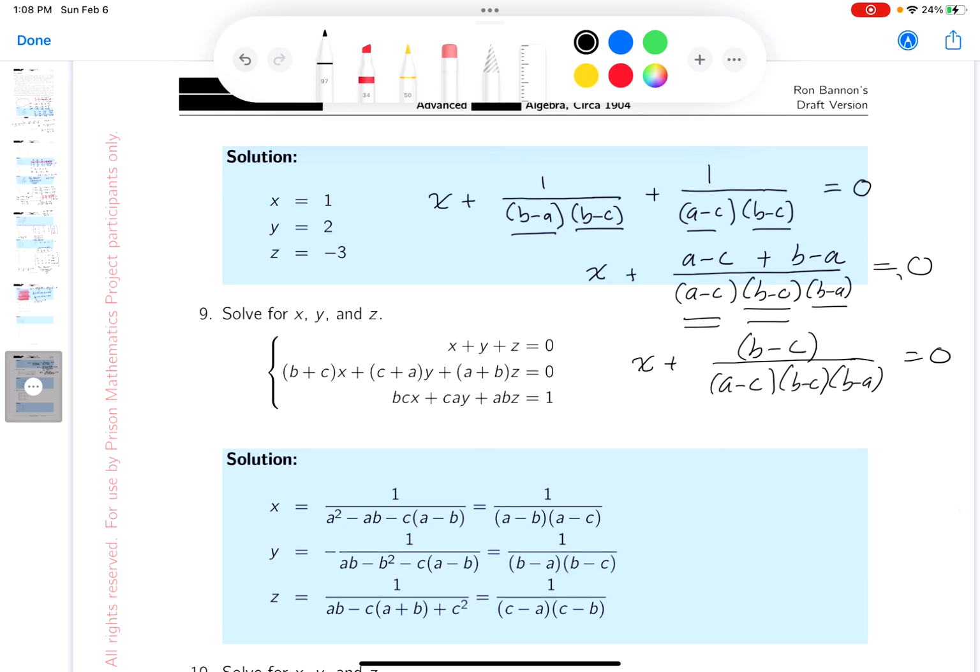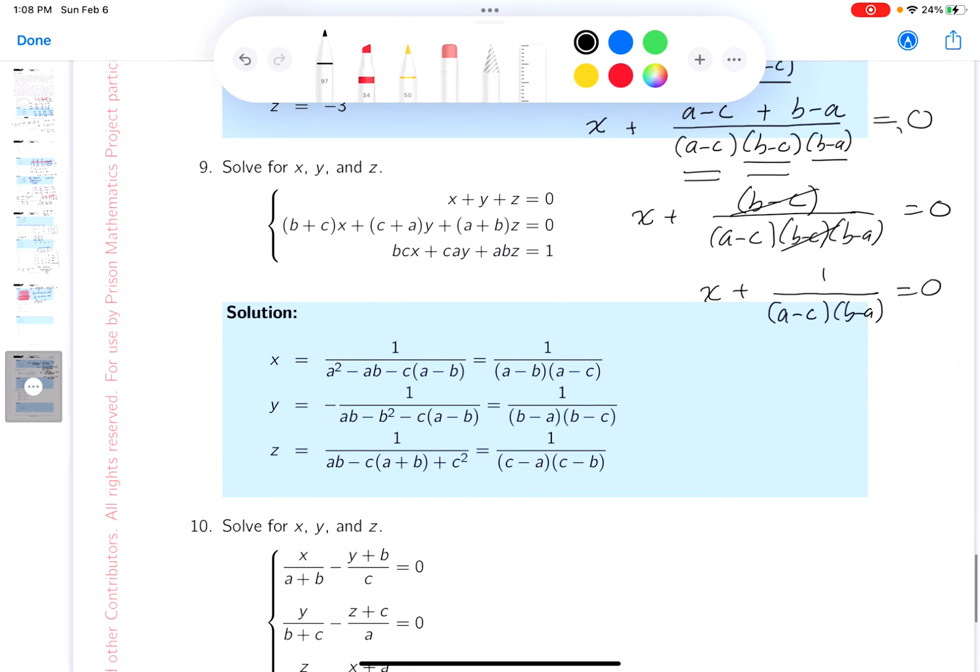Factor this. Those factors cancel, conditionally, but they do cancel. And you get x plus 1 over a minus c, b minus a. And that equals 0. I'm going to subtract that from both sides, and you get x equals minus 1 over a minus c, b minus a.